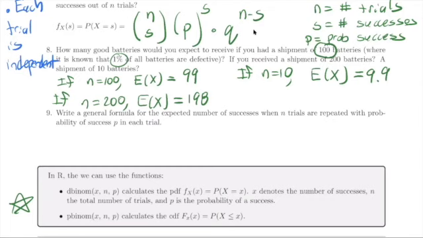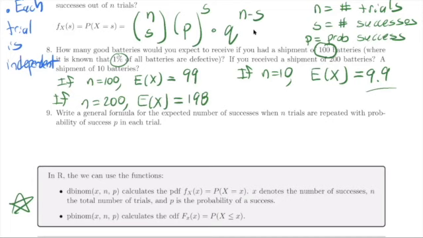Just like the raffle ticket, the expected value was 90 cents, but no one was going to win 90 cents. It was the average of how much you were going to win. Same idea here. There's no way you're going to get 9.9 good batteries in any one shipment. But if we averaged a bunch of shipments of 10 batteries together, on average, that's what we should expect to get. And that has to do with us using the frequency approach to probability.